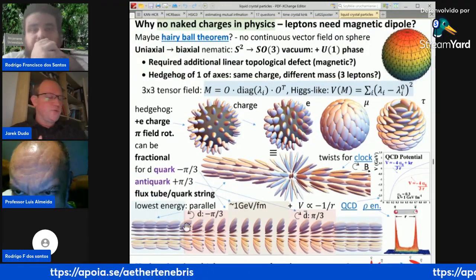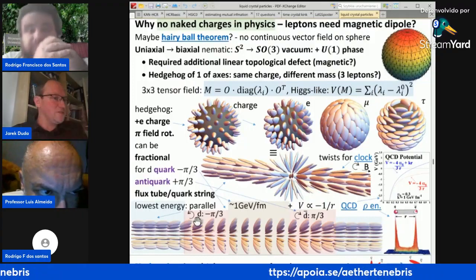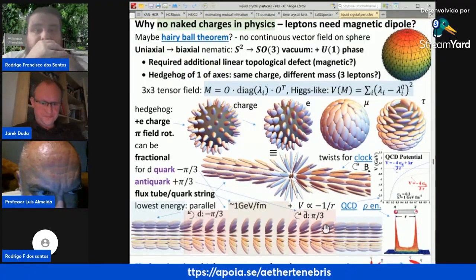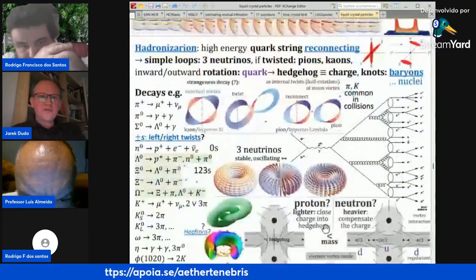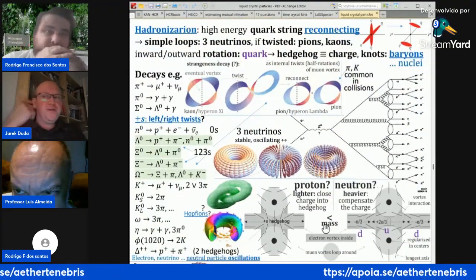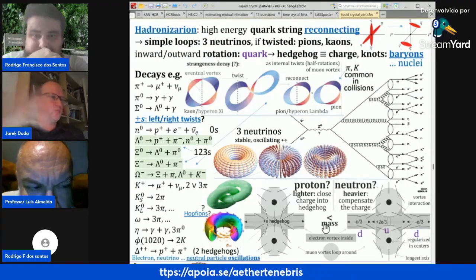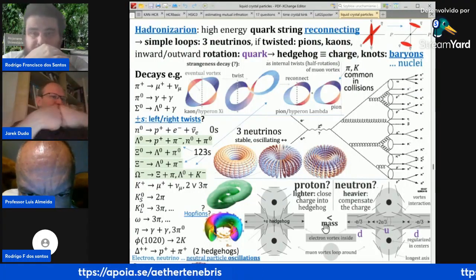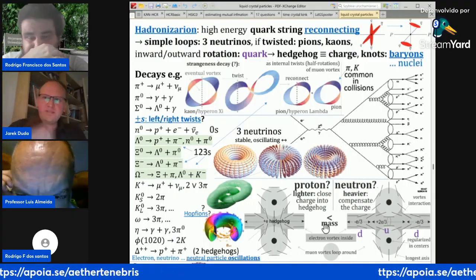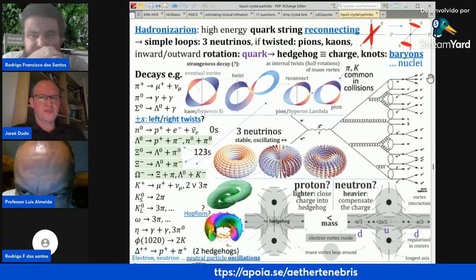Then, as mentioned, we have the quarks as excitations of the quark strings, connecting the two quarks. I have also mentioned string hadronization: they believe that at the LHC there is this basic model to understand what they see in these collisions of particles, and they believe these quark strings are created and decay into particles.